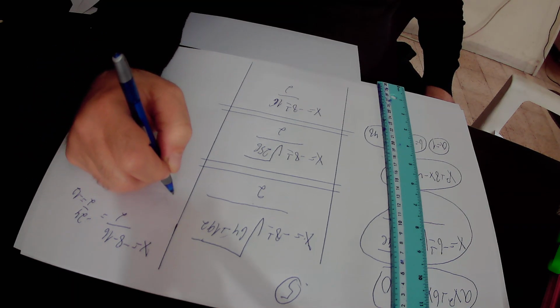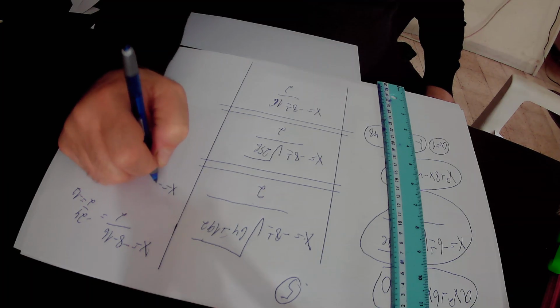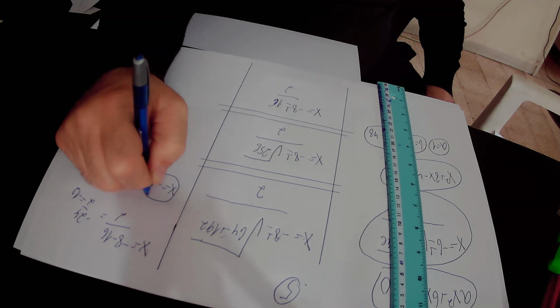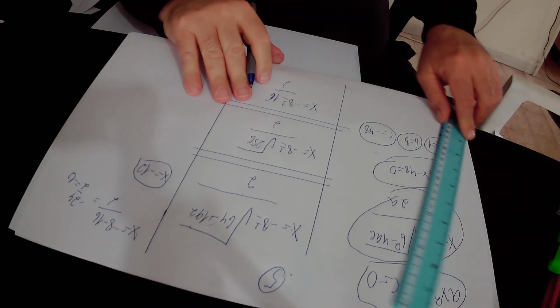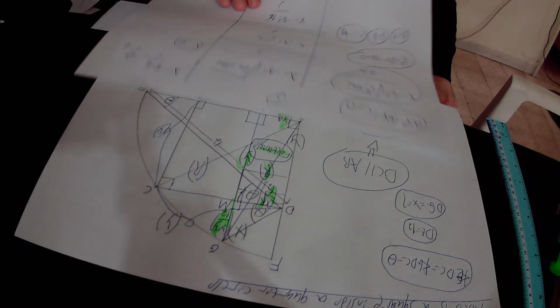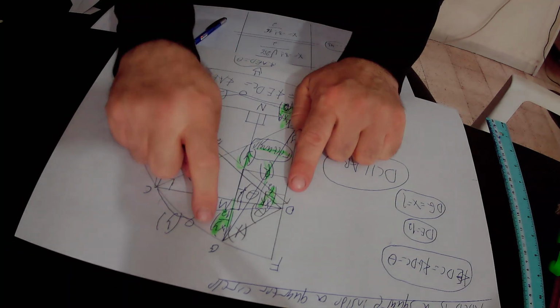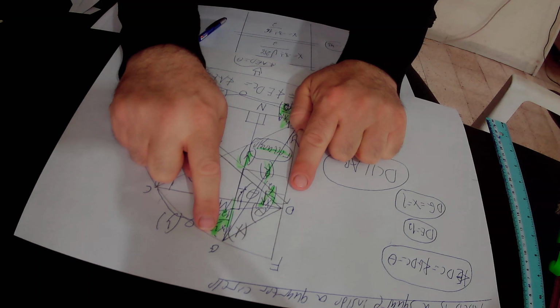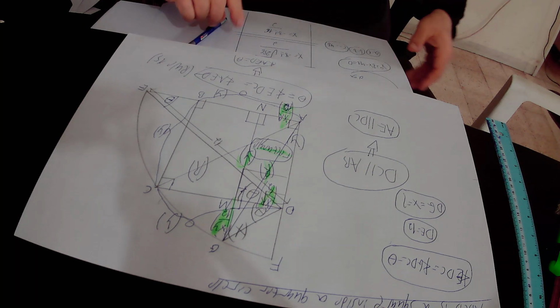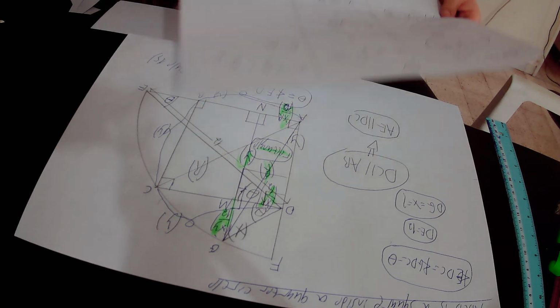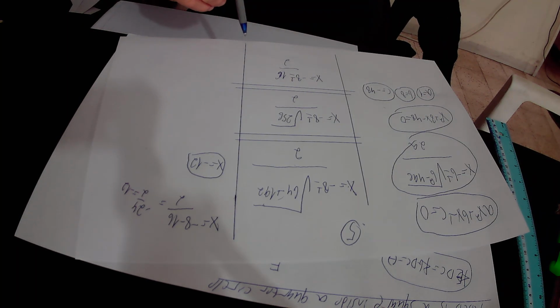So the first solution is x equals minus 12, but x can never be equal to minus 12. Why? Because x is the length of this line segment GD, and as x is a length, it must be a positive number. So the negative solution, x equals minus 12, is incorrect.